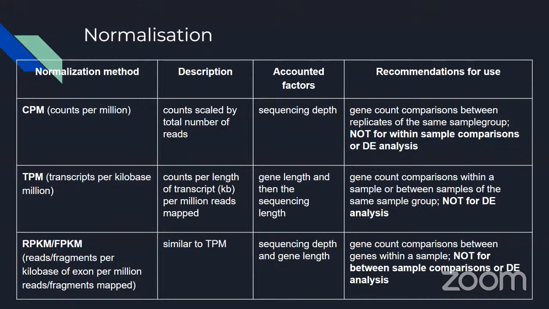The raw counts won't capture the actual differences between the groups you're comparing. So we normalize, and if you want to do a PCA or any other kind of downstream processing, then these kinds of normalizations come into the picture.